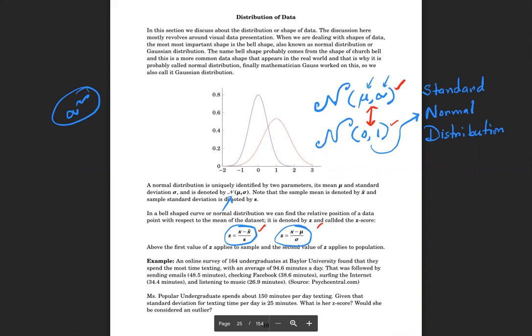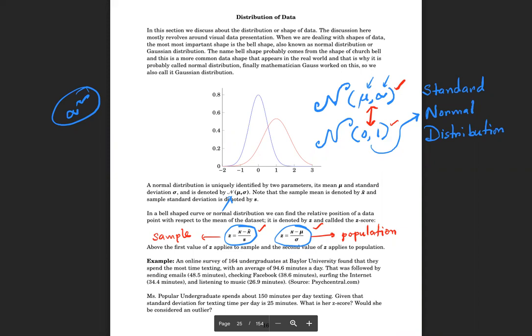This one is for sample, if you're dealing with a sample, and this one is for population, if you're dealing with a population. So you can go back and forth between normal distribution and standard normal distribution. Any questions so far?